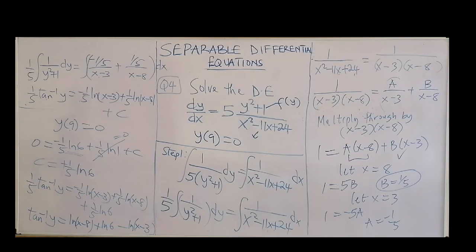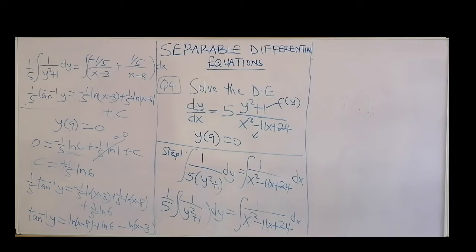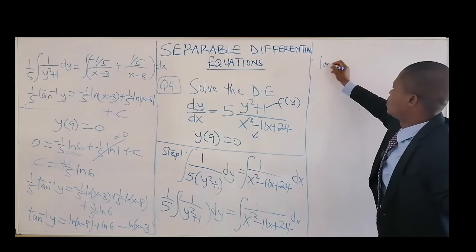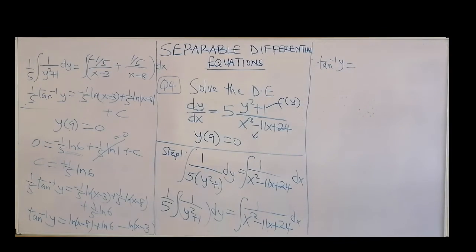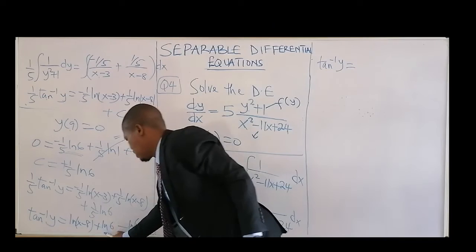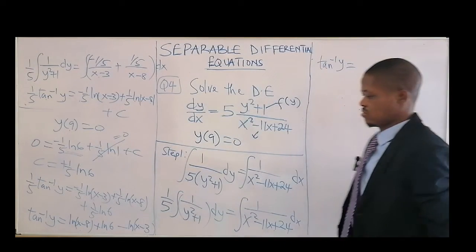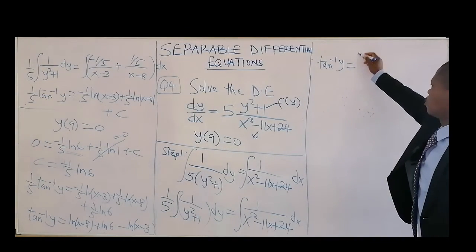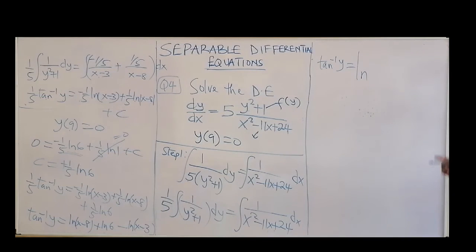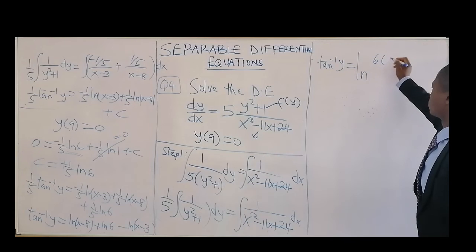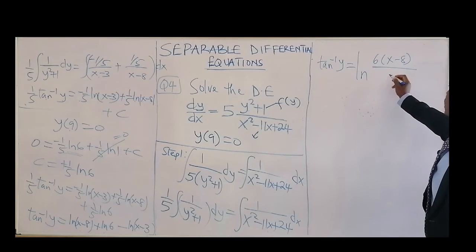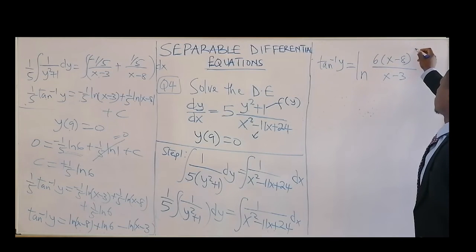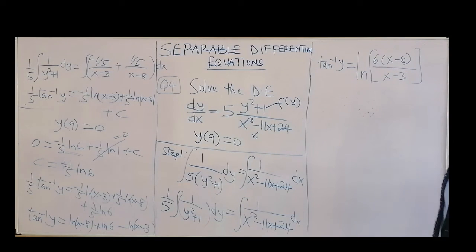So let's do the efficiency and get the y. We now have arctan y equal to those terms plus the ln here. We can combine all the ln together. When you are adding logarithms, that will be multiplication of those functions, and that will be 6 times x minus 8 all over x minus 3, everything under this ln.